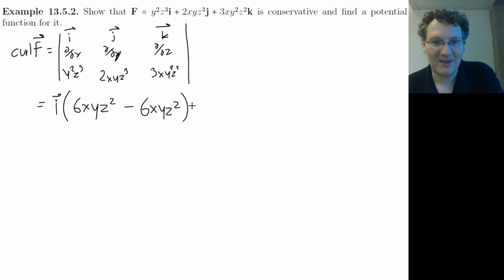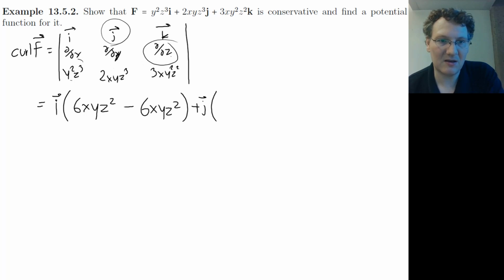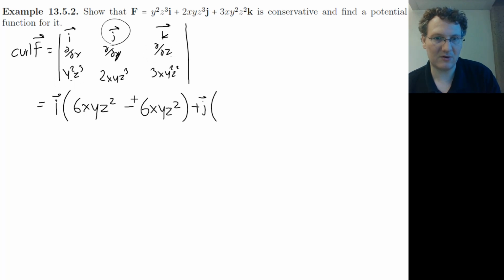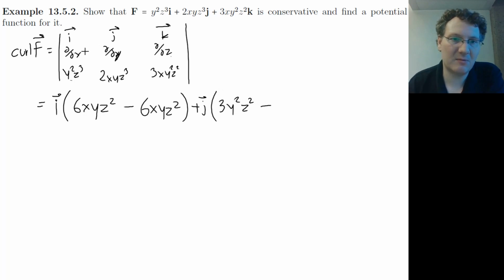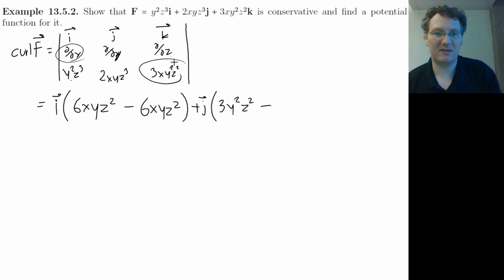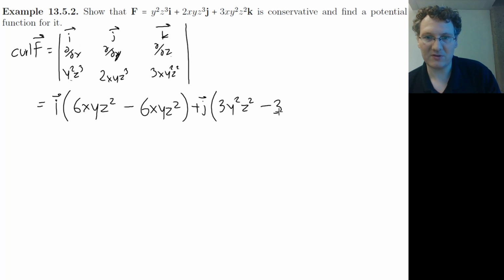That's a 0. Okay, plus the j vector times the partial with respect to z of y squared z to the third. That's going to be 3y squared z squared, minus the partial with respect to x of 3xy squared z squared, which is, of course, 3y squared z squared.